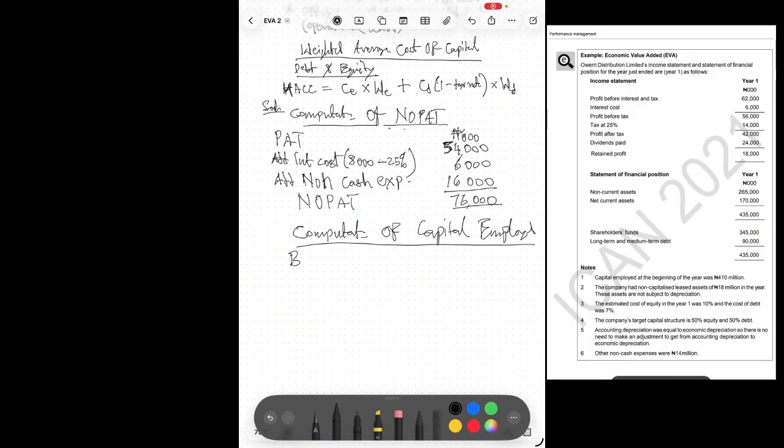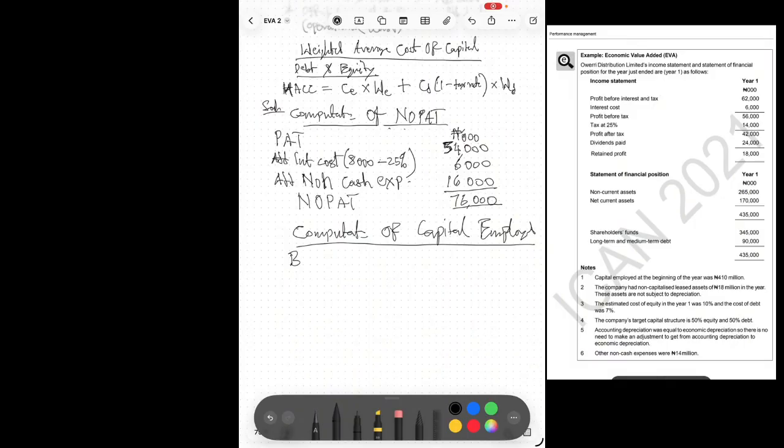Your capital employed could be your total assets, that is your non-current assets plus your current assets added together, less your current liabilities. That's one way. Or your total capital employed in terms of the value of the equity and the value of the debt.